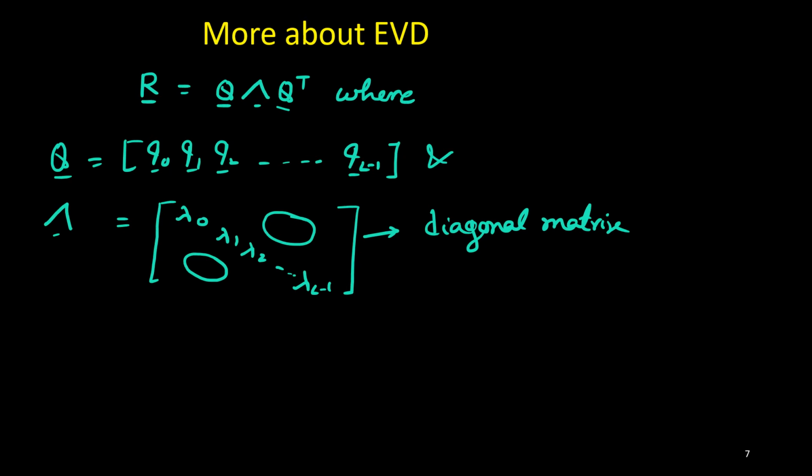Now, let us start with the eigenvalue decomposition. Capital R is expressed as the product of these three, Q, capital lambda, Q transpose, where Q is the matrix containing all the eigenvectors in column-wise form, and capital lambda is a diagonal matrix containing all the eigenvalues in its diagonal only, and off diagonals are zeros, right?